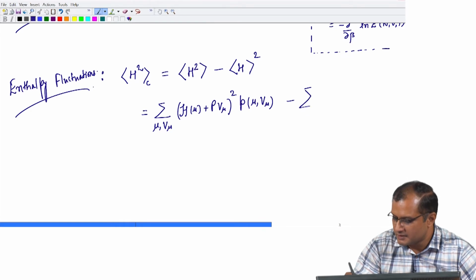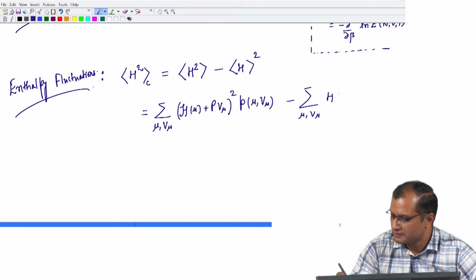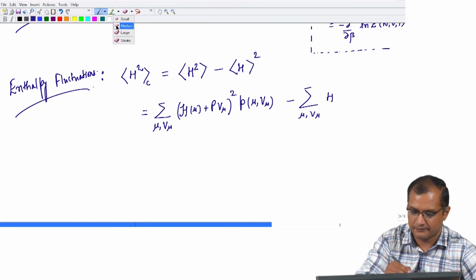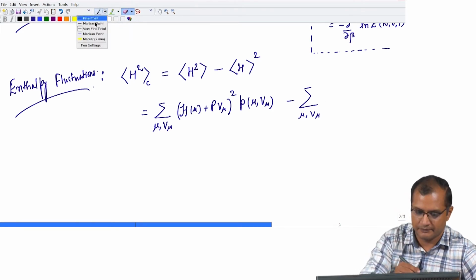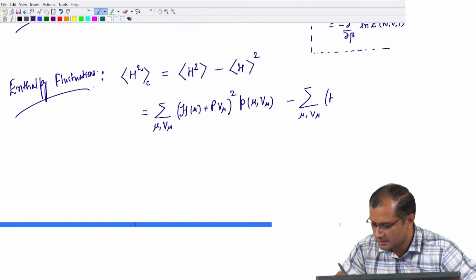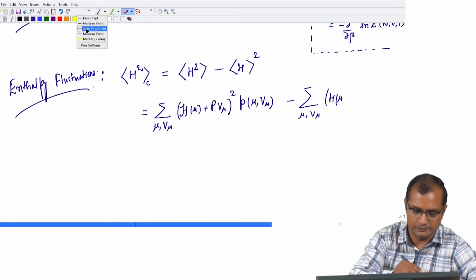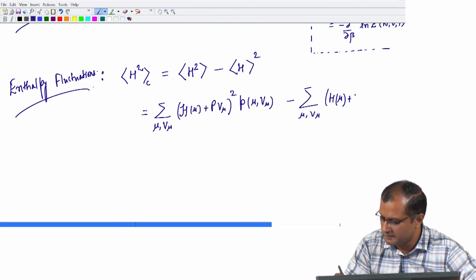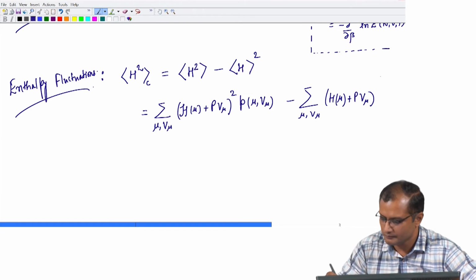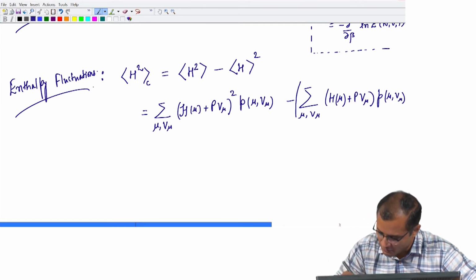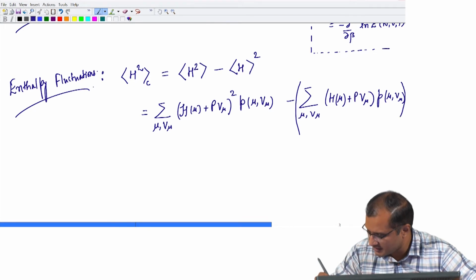The second term is nothing but the sampling of H, which is the enthalpy, which is nothing but H_mu plus P V. This will give me just the average enthalpy, but I am going to take a square of this because the second term is the square of the average.